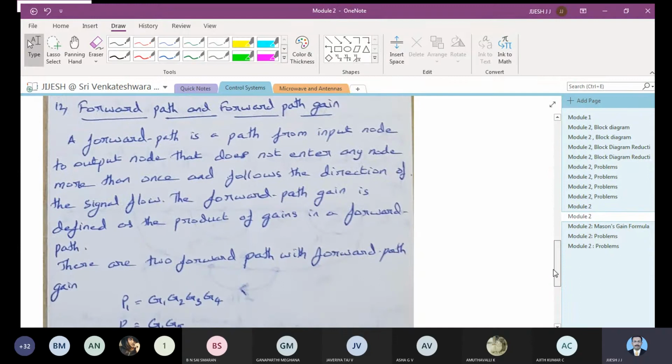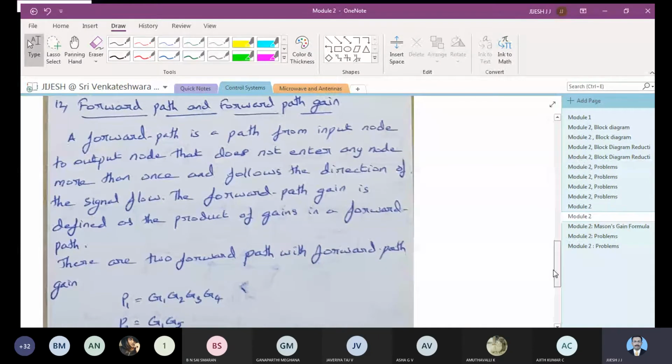First, note down what a forward path and forward path gain are. Once you write it, you will understand, and I will explain it further. I have already discussed what a forward path means: if you start from one node, it should end at the last node without repeating nodes.